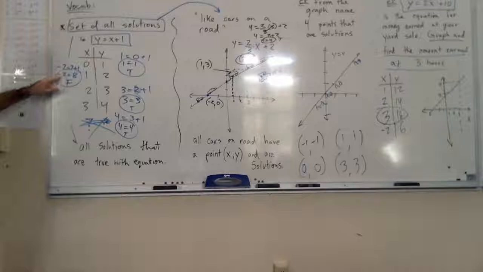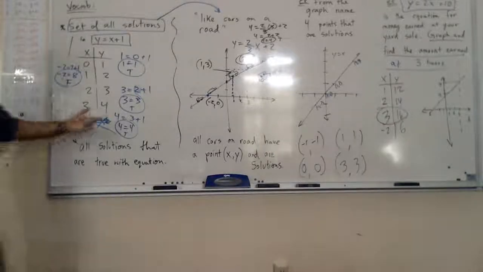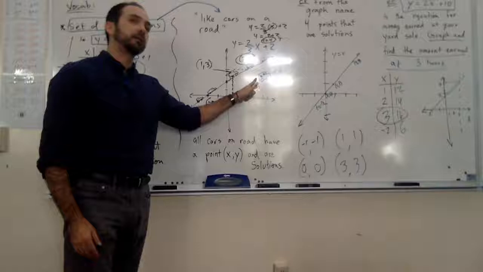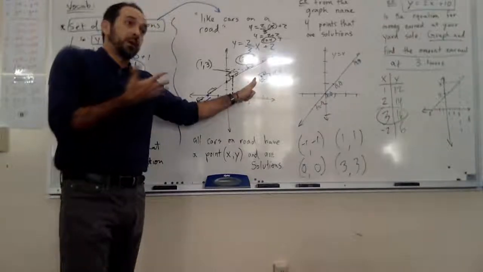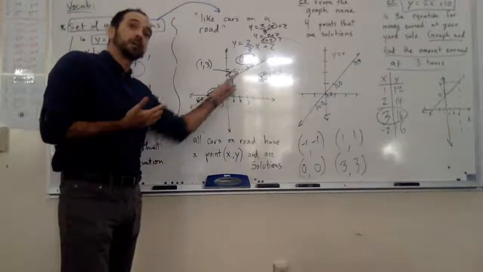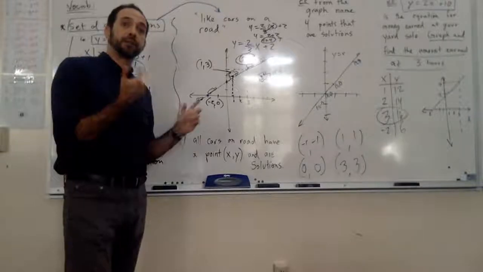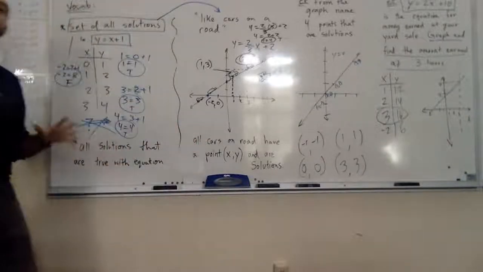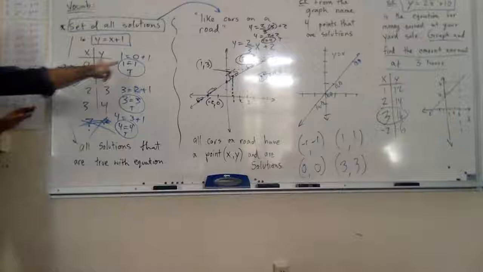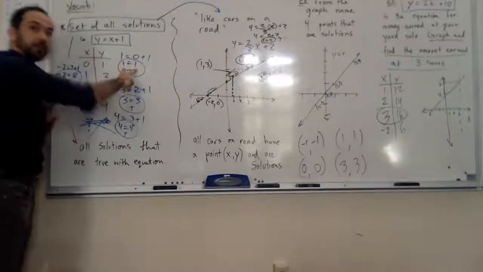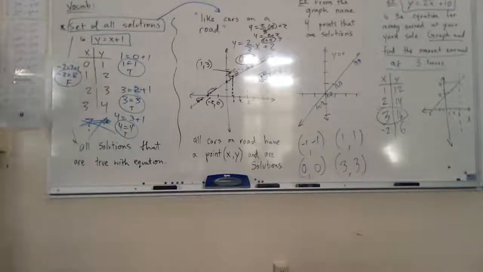Look what happens. -2 is equal to 7 plus 1, which is 8. Is that true? No. It's pretty easy to see if it's not true, right? So essentially, it would be the equivalent of having the car. It's true that the car is a point on the graph, but the car is not on the line. It's a solution if it's on the line. The equivalent of it being on the line is if it equates when we plug in those two components.